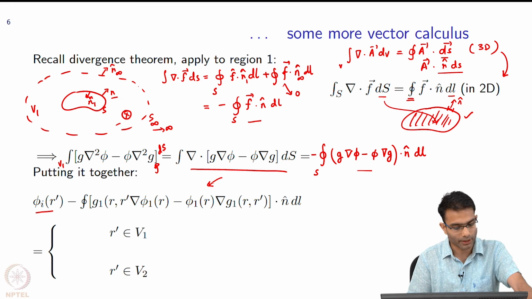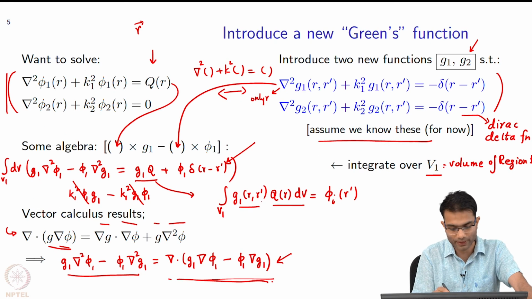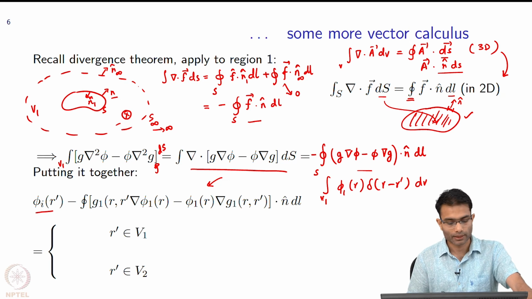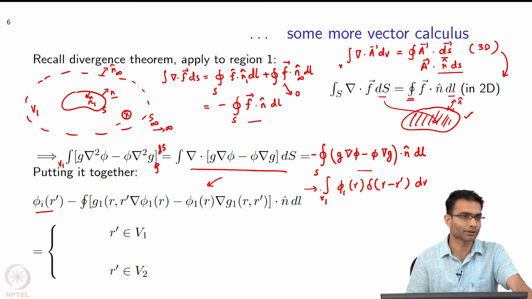What is left was this final term over here, that is, the integral over V1 of phi 1 of r times delta of r minus r prime dV. So, what will the value of this function be? I have a delta function multiplying another function and I am integrating. Phi 1 r prime. That is almost correct.